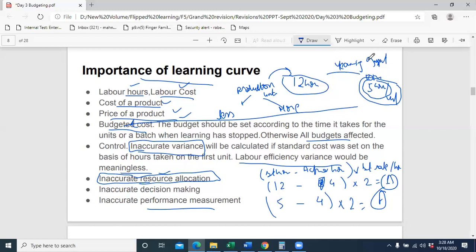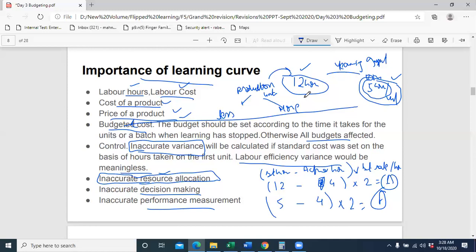I'll be needing more labor hours on the basis of this, which would be wrong. But when you calculate the budgeted labor cost on the basis of the actual hours after the learning has stopped, that should be your standard. Then I could do the resource allocation correctly. Because of not incorporating the learning impact, I could take inaccurate decisions.